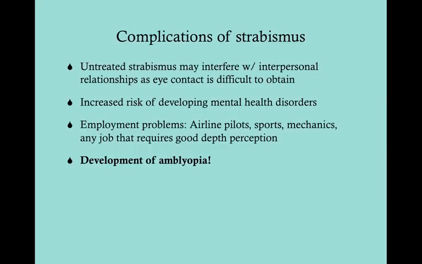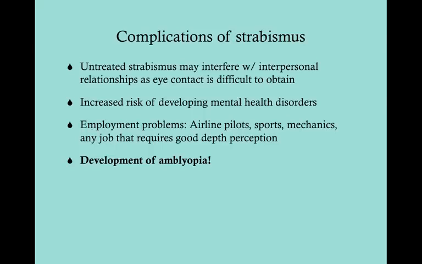The most problematic complication of strabismus is the permanent development of amblyopia. With amblyopia, children have a very plastic, very responsive brain that can wire itself in all sorts of different ways.